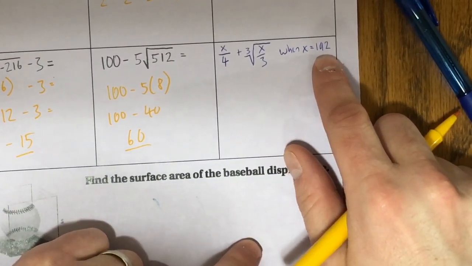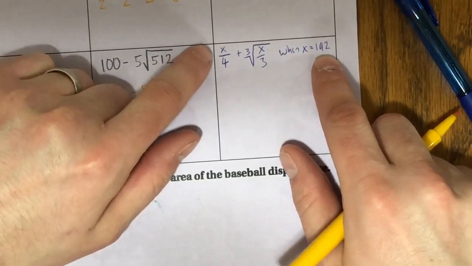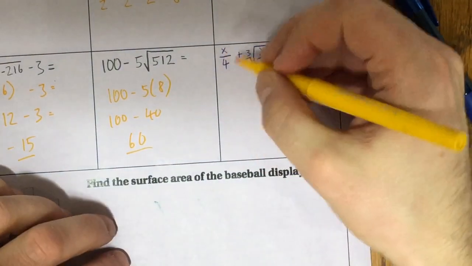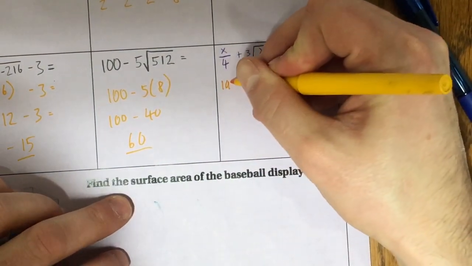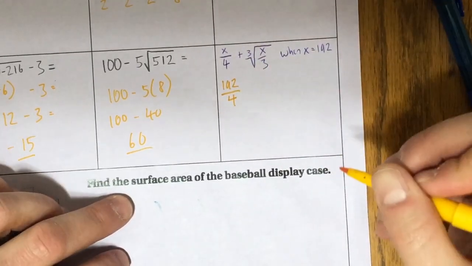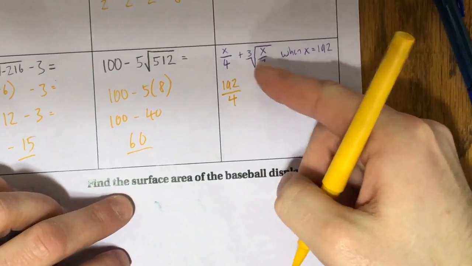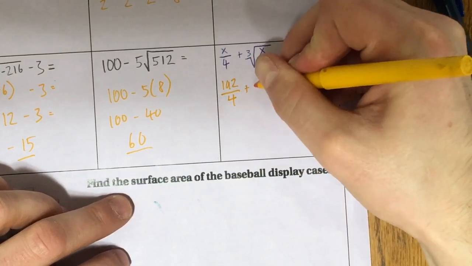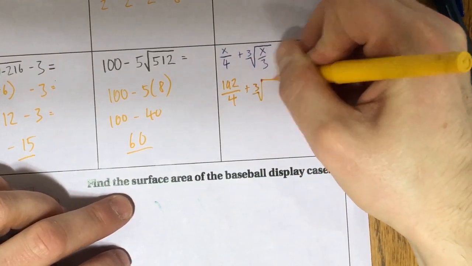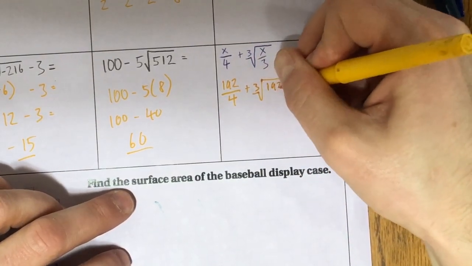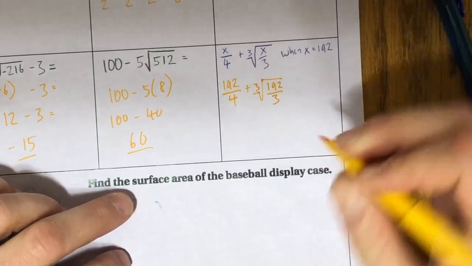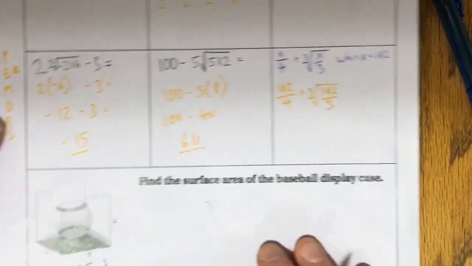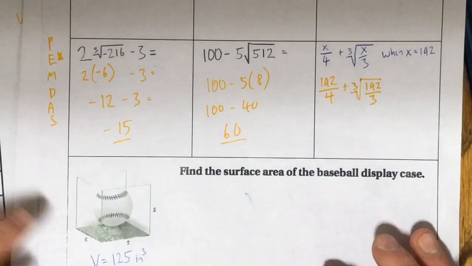But I'm going to take this 192, and I'm going to plug it in for x here. Okay, so instead of x over 4, I'm going to change that to 192 over 4. And instead of the cube root of x over 3, I'm going to change this to the cube root of 192 over 3. And then I'm just following the rules of PEMDAS, just like I've been doing.